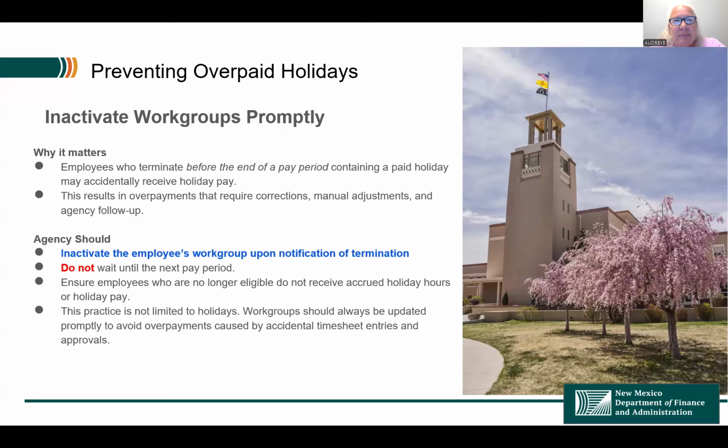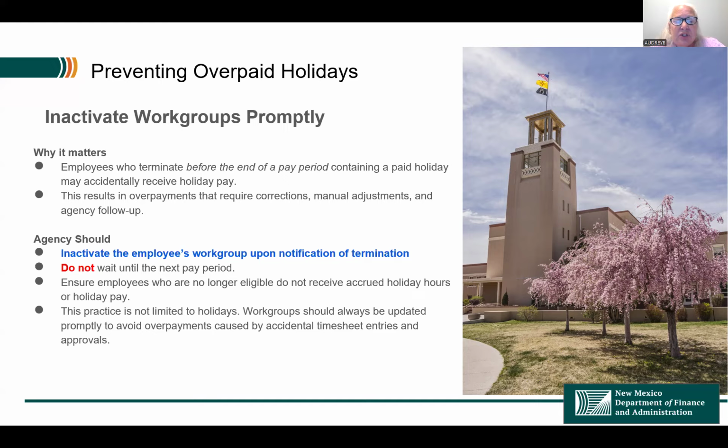We see a lot of overpaid holidays on a regular basis because the work groups were not inactivated. And whenever an overpayment occurs, it requires corrections, manual adjustments, and agency follow-up.